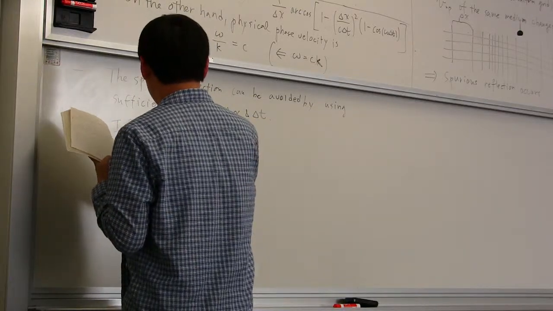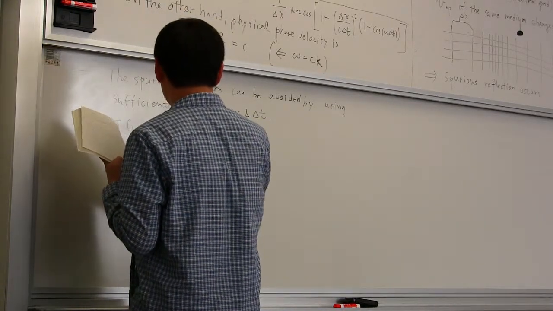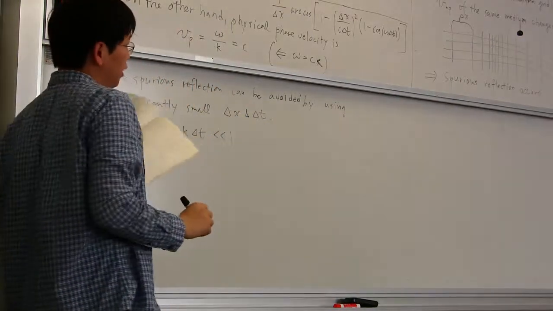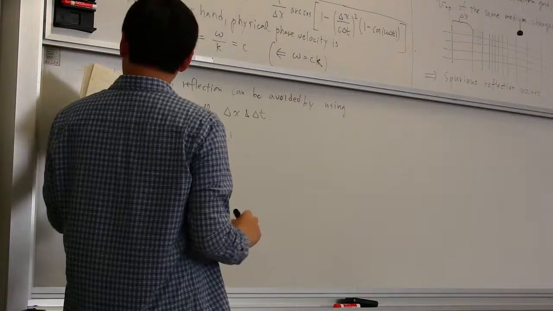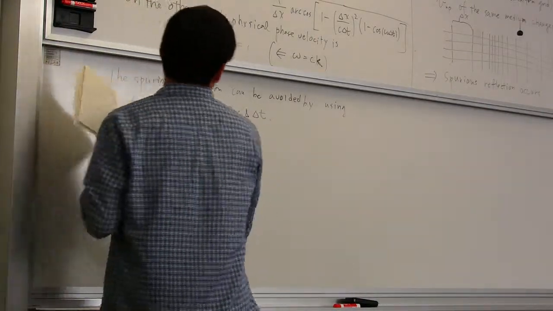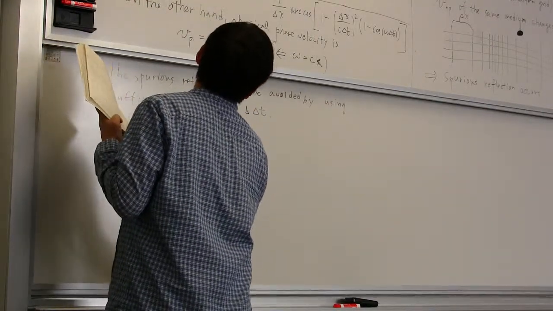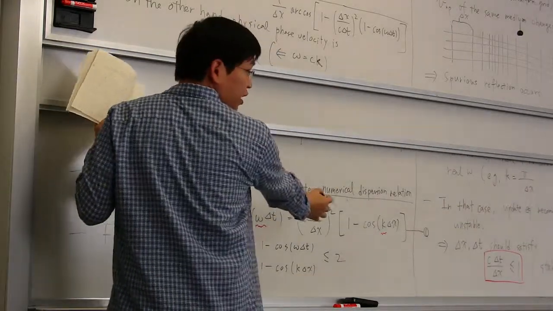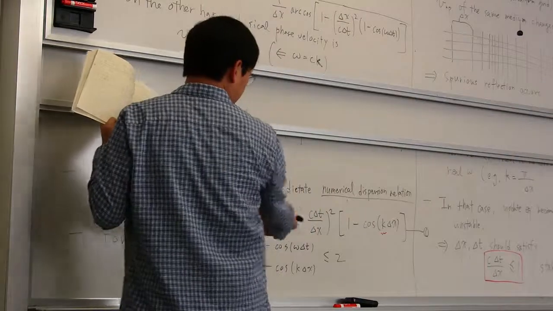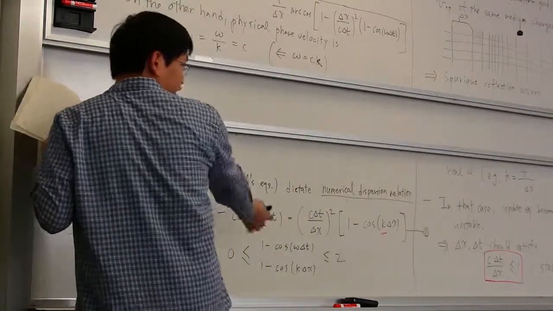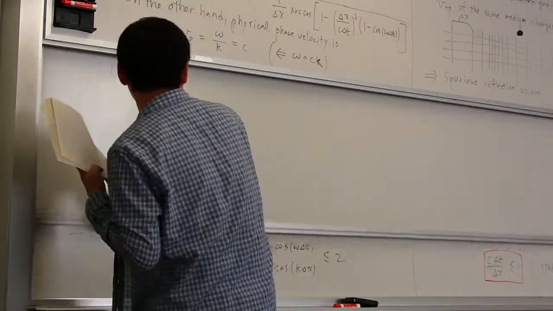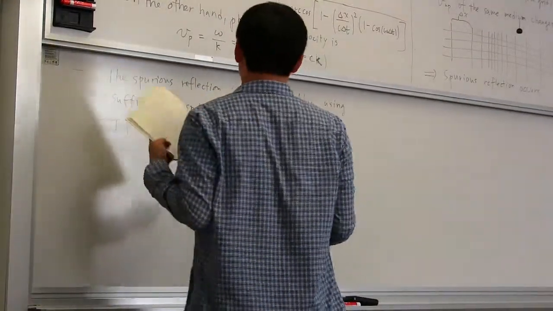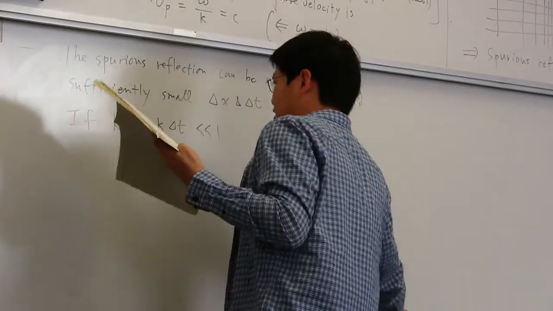if delta x, k delta x, and k delta t are much smaller than 1, then from this equation 1... Unfortunately, it is behind the board. You mean 2.x and... Yeah, only delta t.